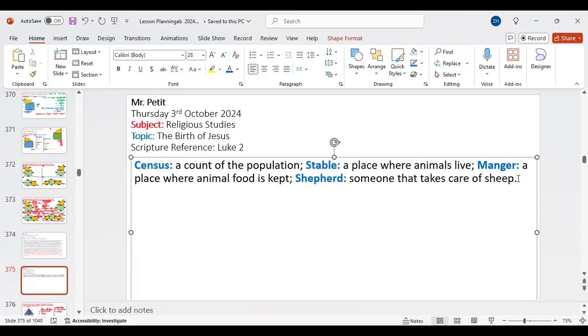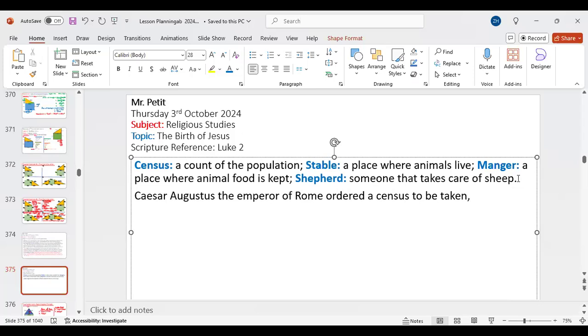Now, Caesar Augustus. He was the emperor of Rome. He ordered that a census be taken, so we could get more tax money.